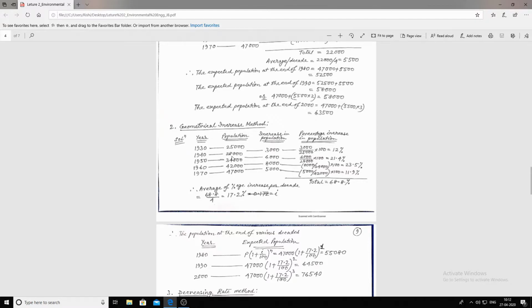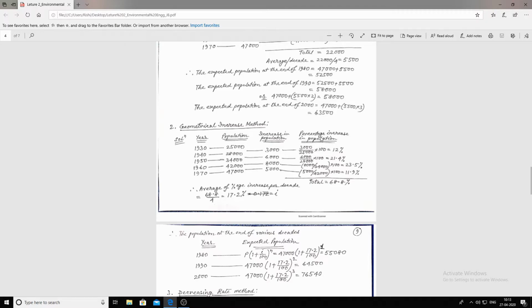1940 to 1950, the increase in population was 6,000 over 28,000 initial population. That is why 6,000 divided by 28,000 into 100 is equal to 21.4%. Similarly, 1950 to 1960 the population has increased from 34,000 to 42,000, that is a total increase of 8,000 over 34,000 initial population.